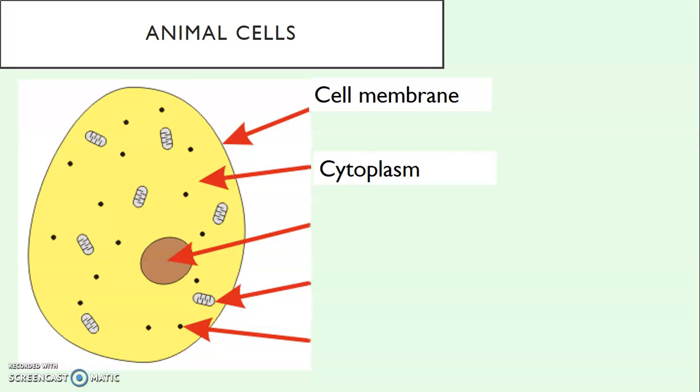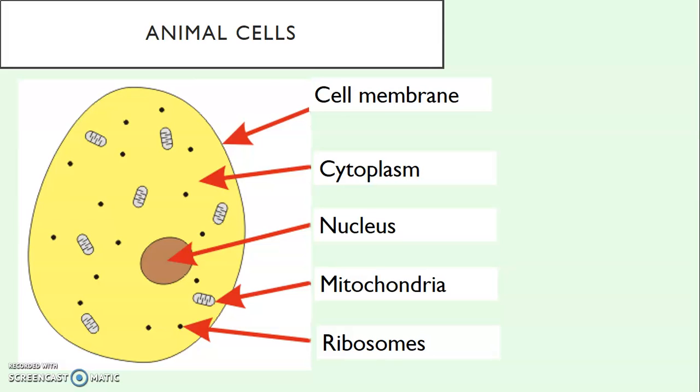We've got the cytoplasm, a jelly-like substance. We've then got the nucleus, so again that means it's a eukaryote because it's got a nucleus. We've got mitochondria and ribosomes. Please make sure that you can draw and label one of these diagrams because they quite like bringing it up in your exams.